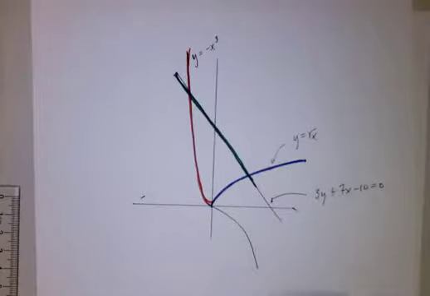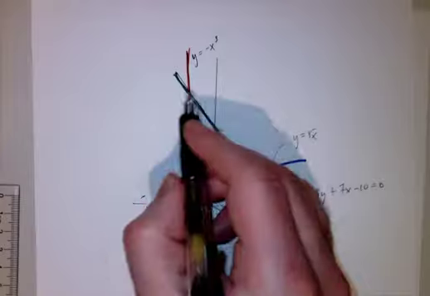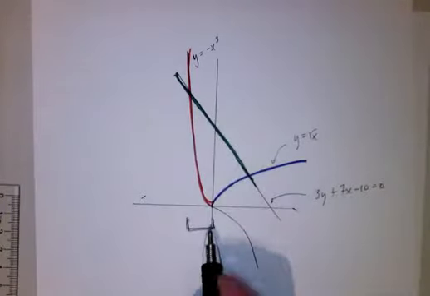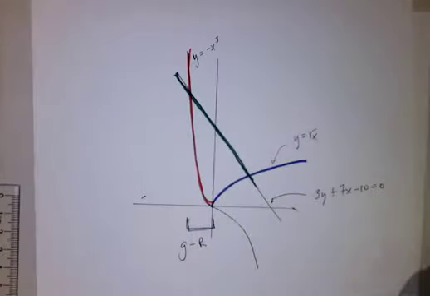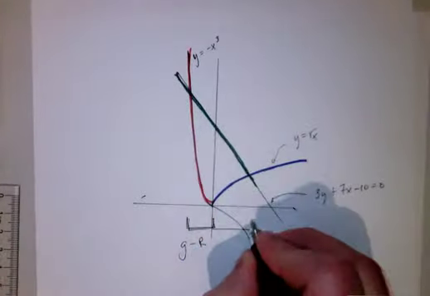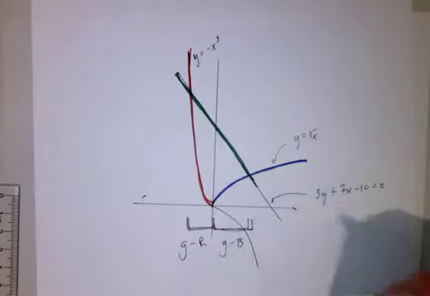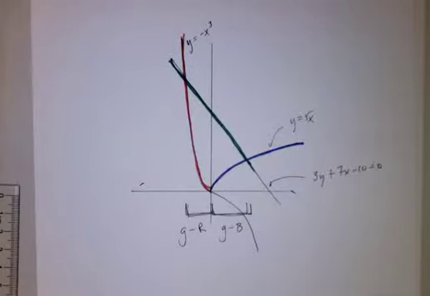Now, on this interval right here, from this point of intersection to the axis, I have green minus red. But on this interval right here, I have green minus blue. So I'm going to have to set up two separate intervals in order to actually find this particular area.